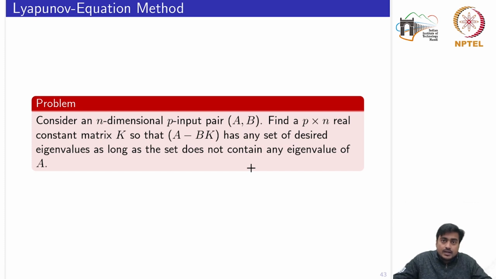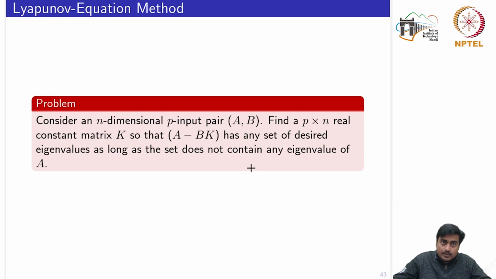So for the single input case, we had discussed two designs for the state feedback controller. The first one, if you recall, is the eigenvalue assignment, and the second one is the Lyapunov equation method. Now, in the eigenvalue assignment method, we computed the feedback gain by taking the inverse of the controllability matrix. Since the controllability matrix here is not a square matrix, we cannot take its inverse.